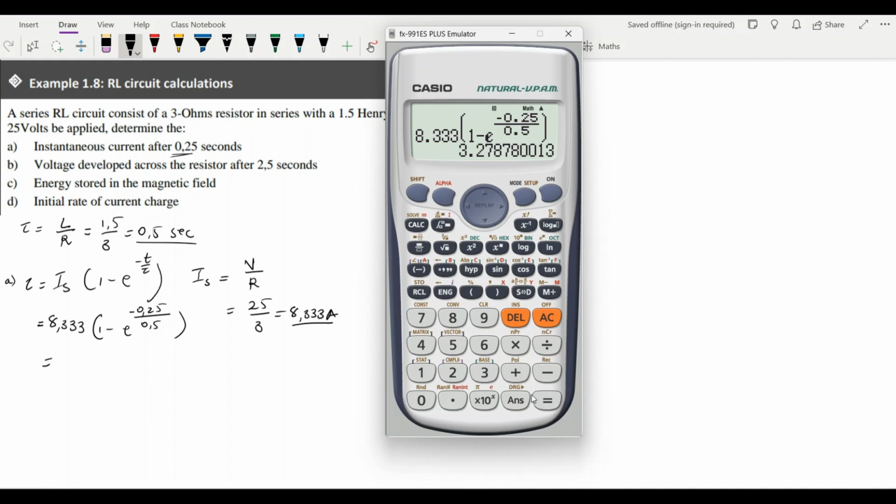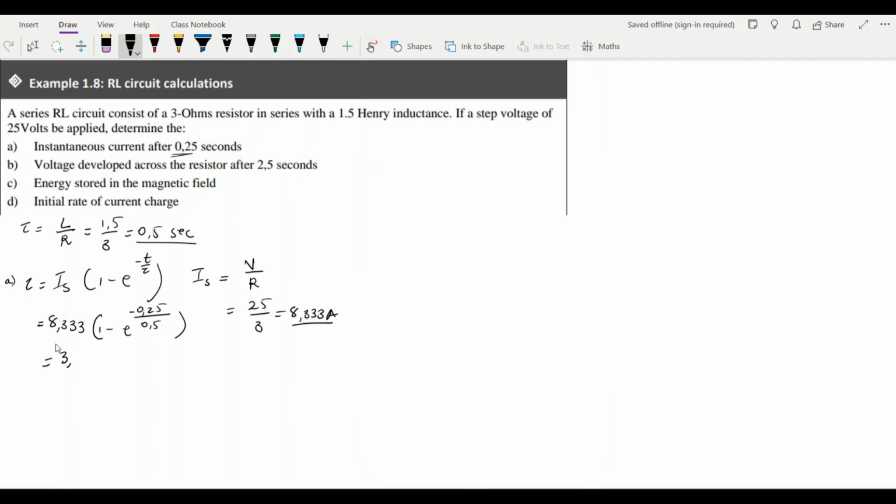Here we're going to have 3.279 amperes. That is the instantaneous current at 0.25 seconds.